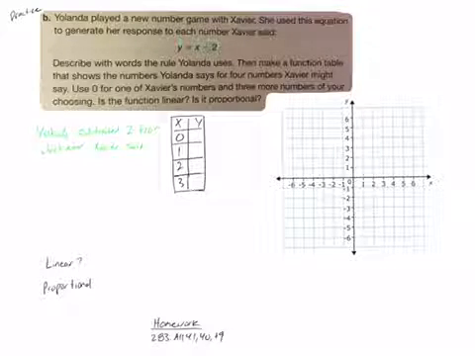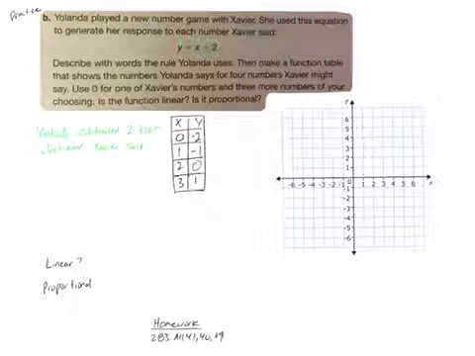So if Xavier said 0, Yolanda would take 0 and subtract 2, which would give you minus 2. If I said 1 minus 2, that would give me negative 1. 2 minus 2 is 0, and 3 minus 2 is 1. So you could have picked different 1, 2, or 3 if you had wanted, but that's just some easy ones.